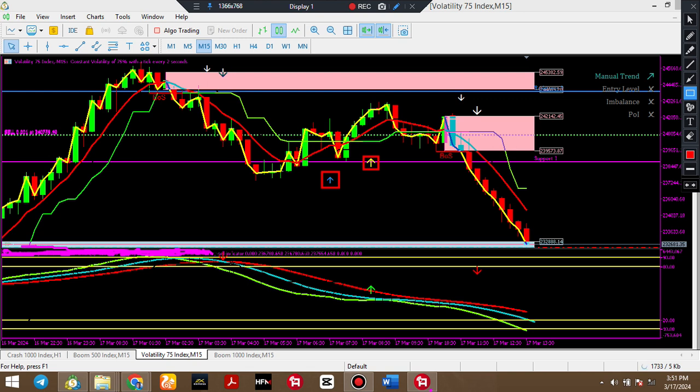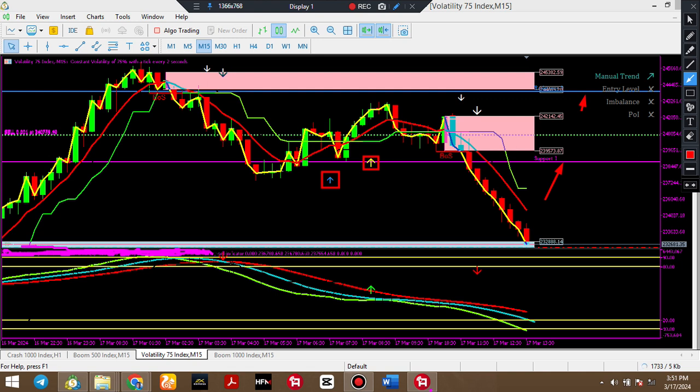Now this other, you notice there's a line indicating support. Talking about this one, this straight horizontal line is support, while the upper one here, the blue line, is resistance. But when price crosses the resistance, below it acts as support if price is moving up.